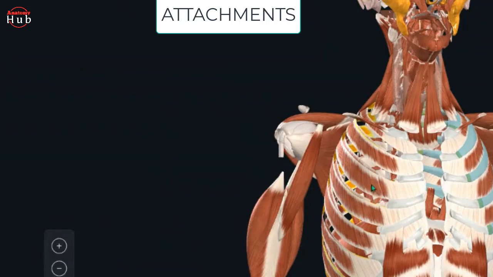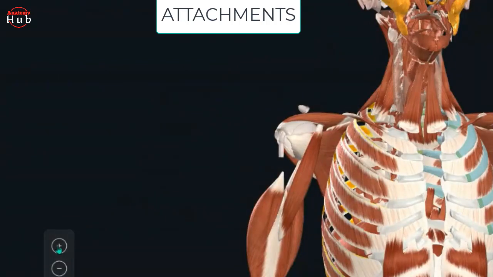So these external intercostal muscles and the internal intercostal muscles are mainly what make the thoracic wall.